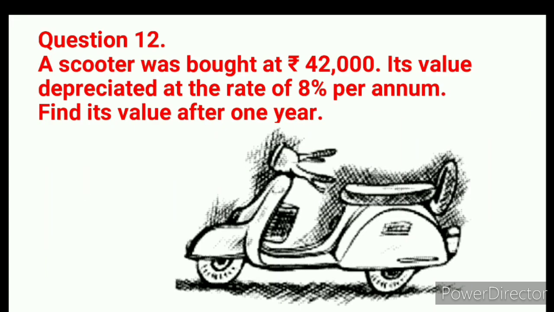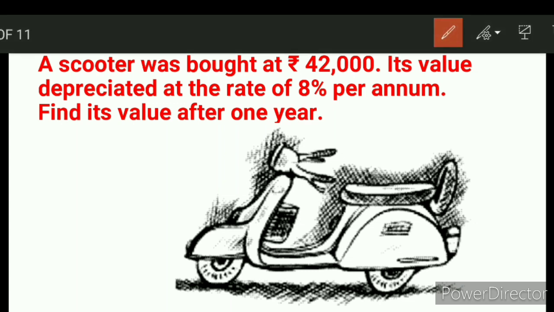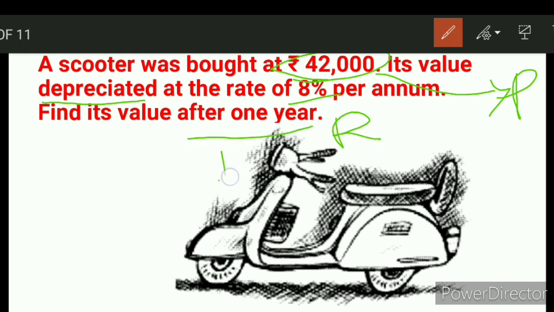Next one is also homework. A scooter was bought at rupees 42,000. Its value depreciated at the rate of 8% per annum. Find its value after 1 year. Here depreciated means decreased. The value is decreased. The initial value was 42,000, that is the principal. This is R, and after 1 year, that is 1 year is n. You should find the amount again.